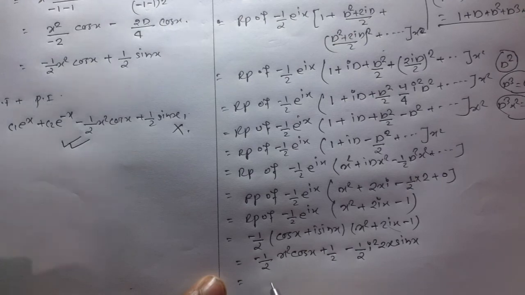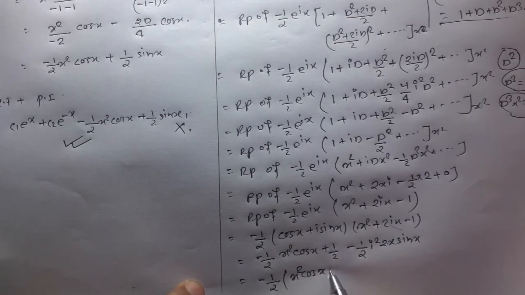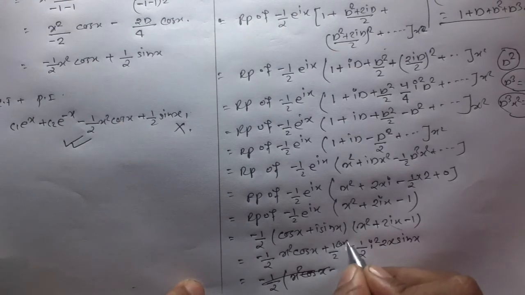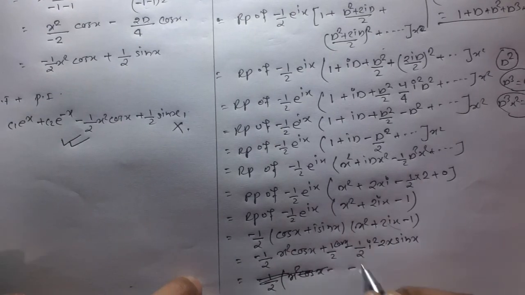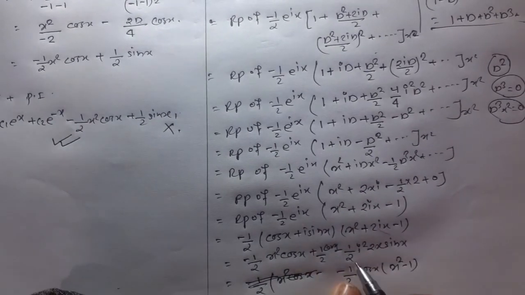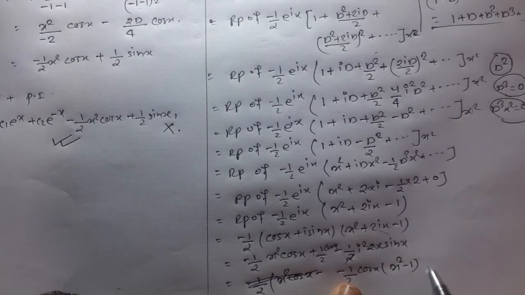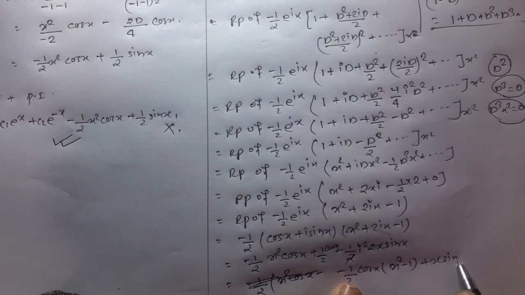So this is −1/2 cos x (x² − 1), and the 2 cancels out, and i² is −1, so plus x sin x.